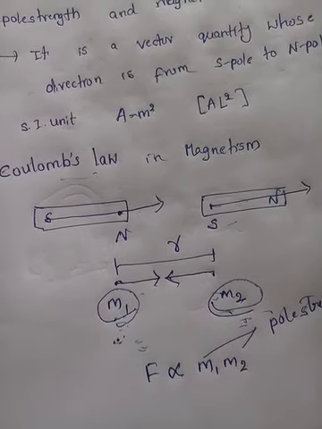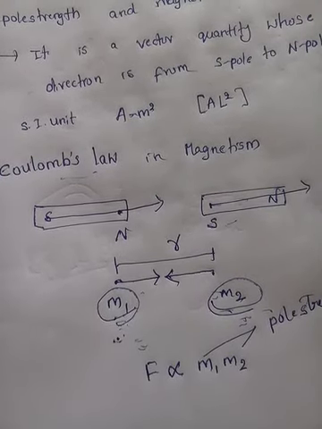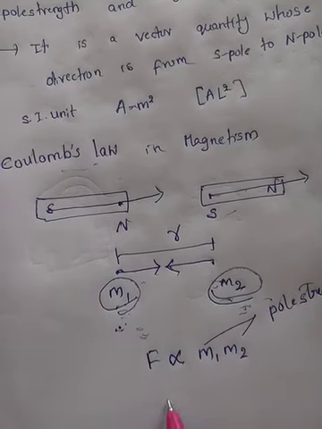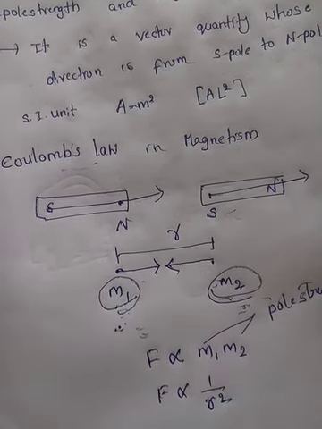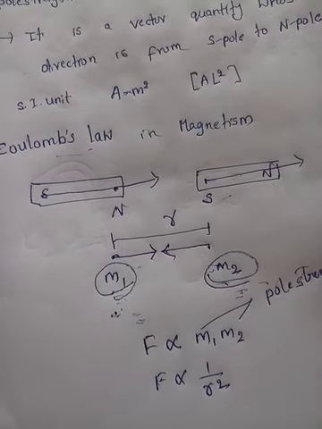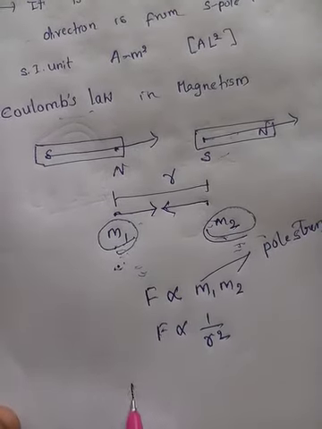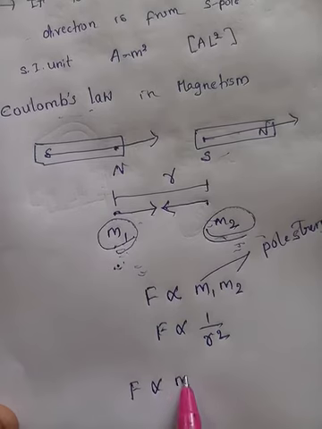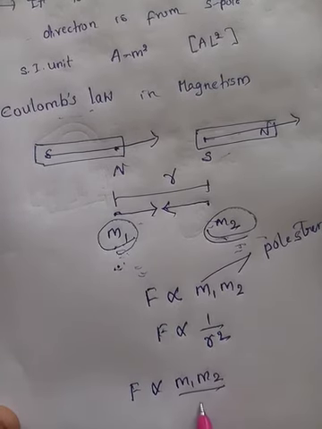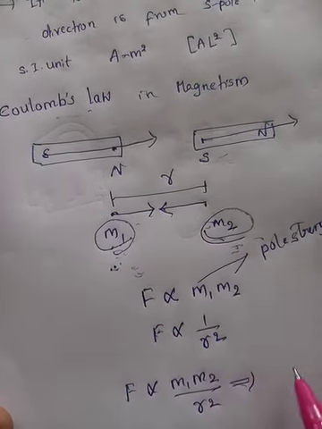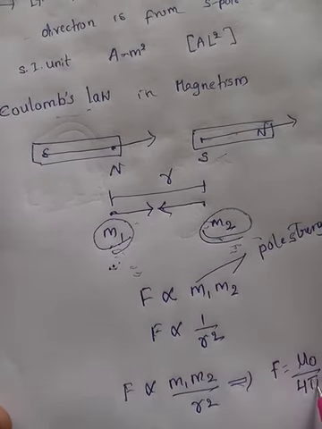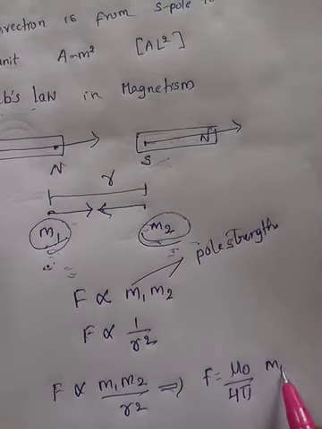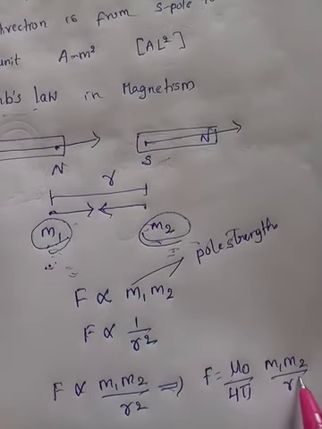If they are like poles, they will repel. Unlike poles attract. And it obeys the inverse square law, that is, inversely proportional to the square of the distance between them. Combining these two, F is directly proportional to M1 M2 by R square. That implies F is equal to mu naught by 4 pi, M1 M2 by R square.